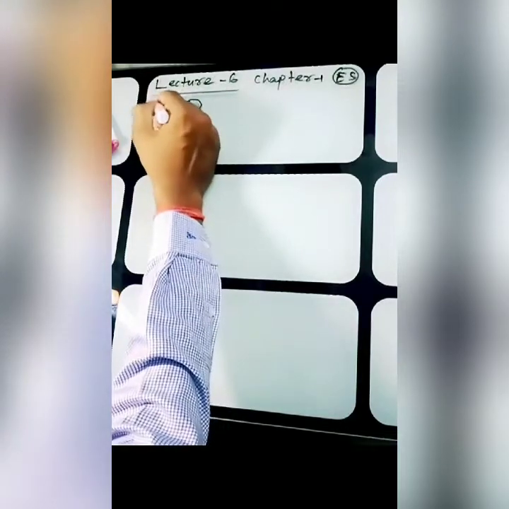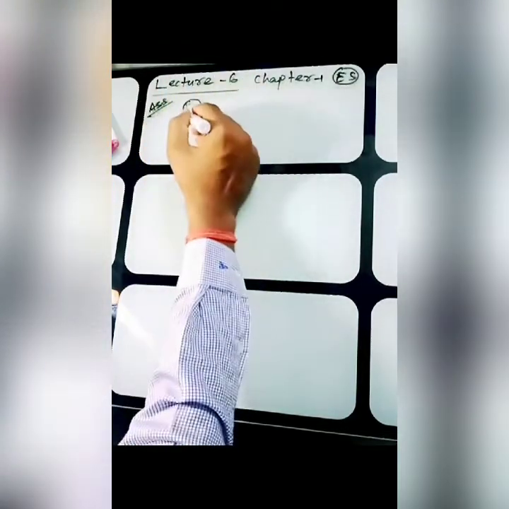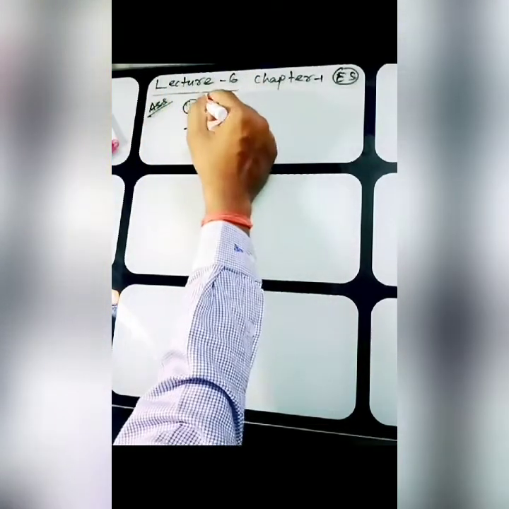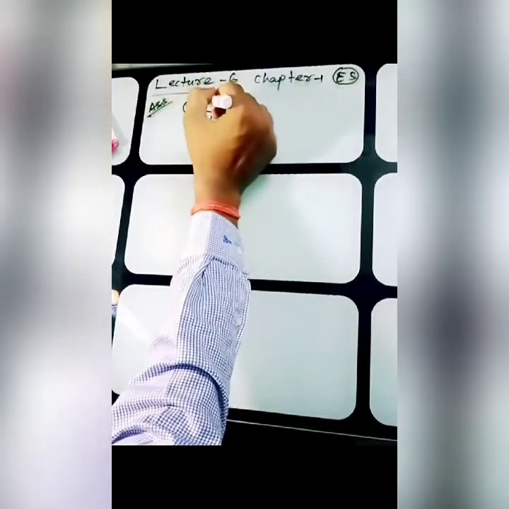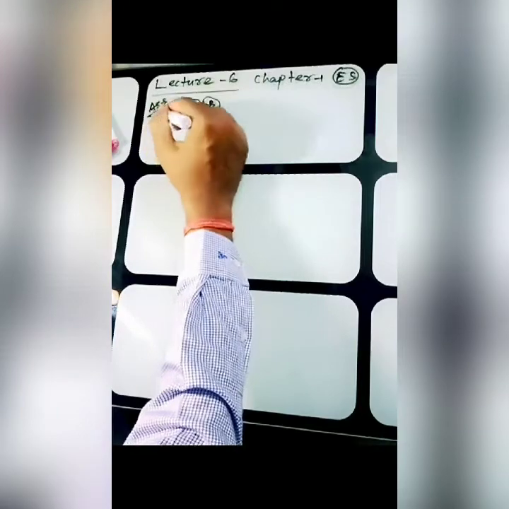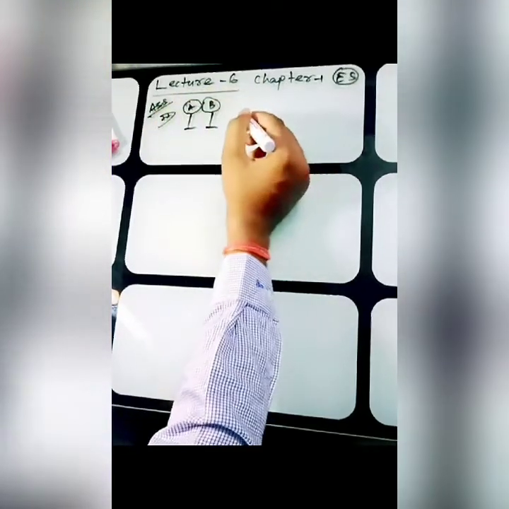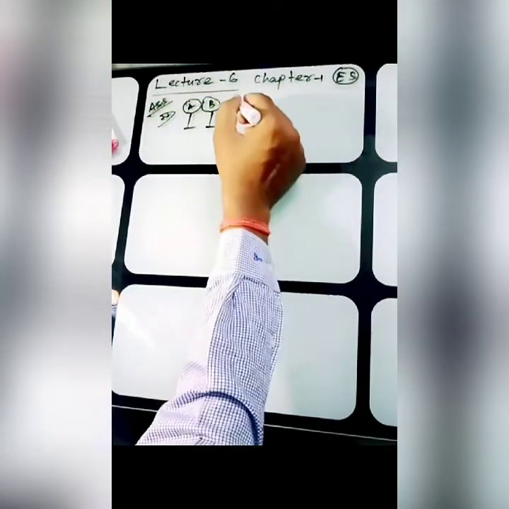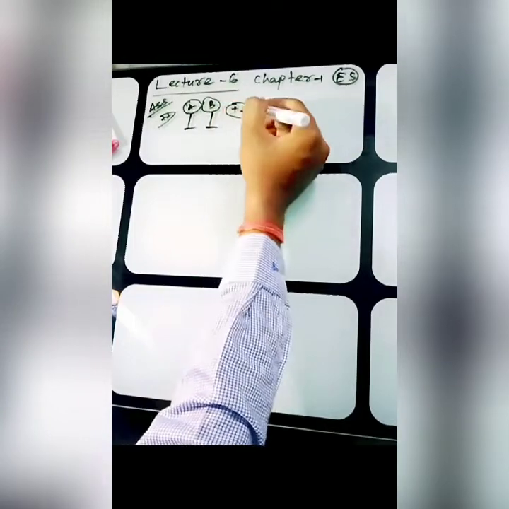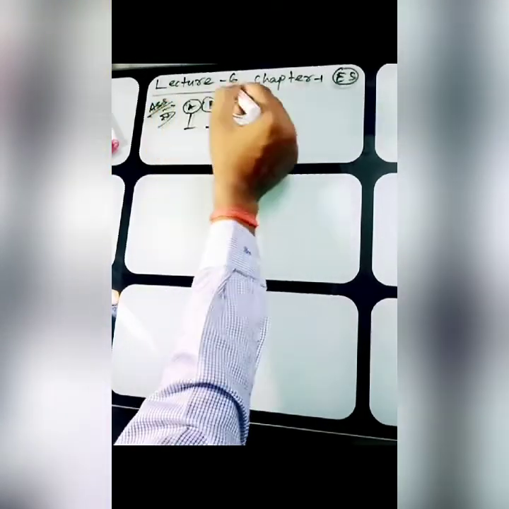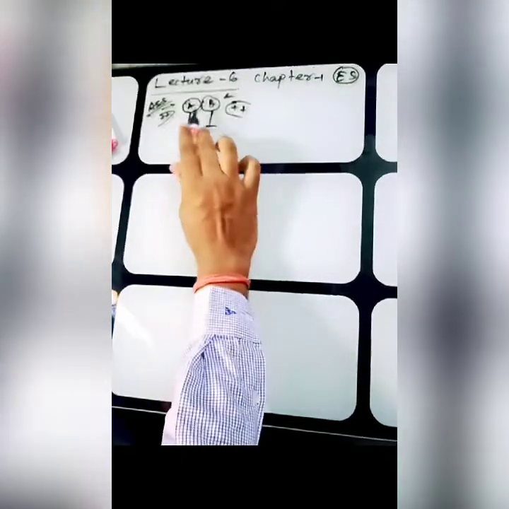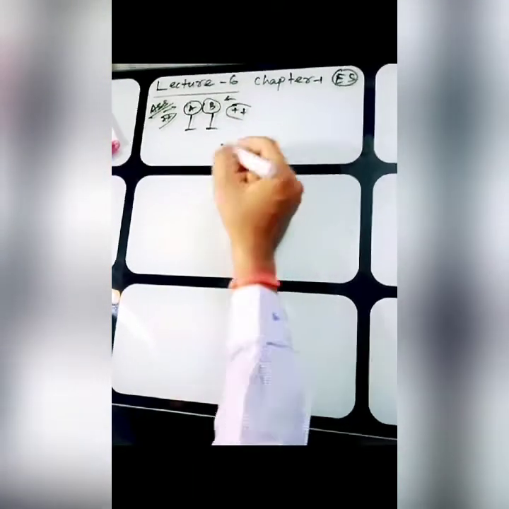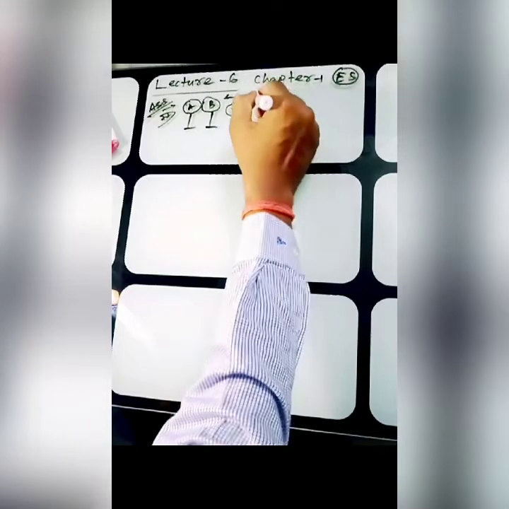After the lecture you will try to solve this question. Two identical bodies A and B. Now this is a positively charged rod, and this is also a positively charged rod with the same strength. Both A and B are identical. You have to show the charge distribution.